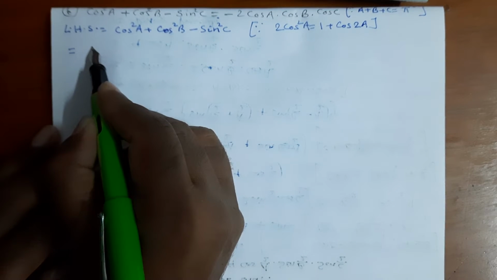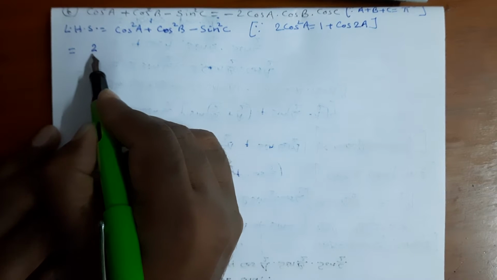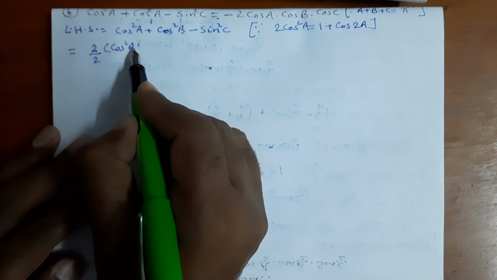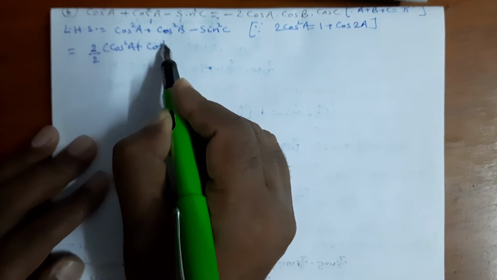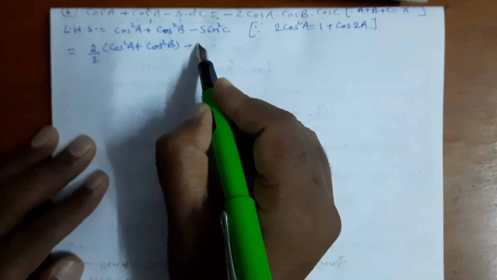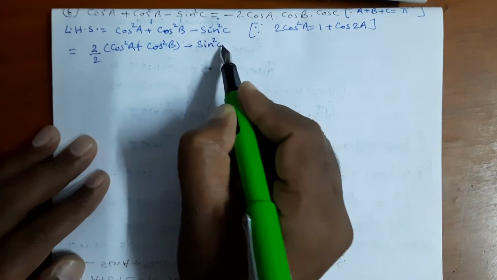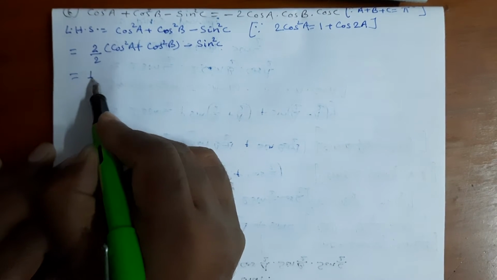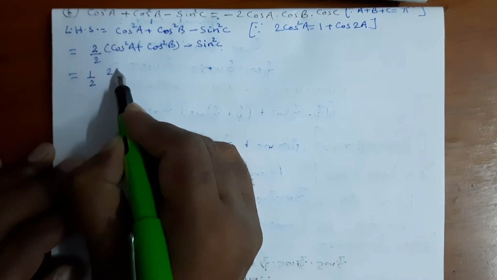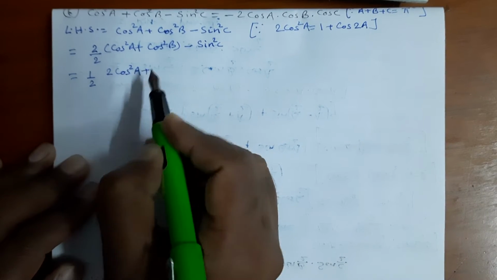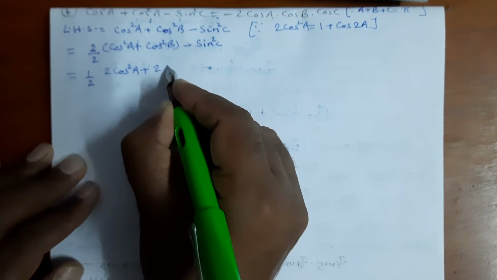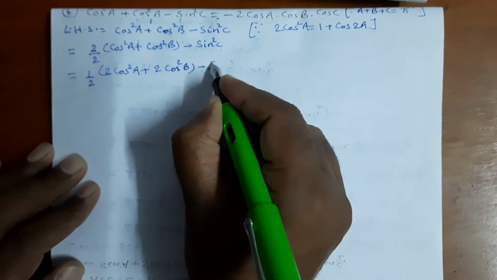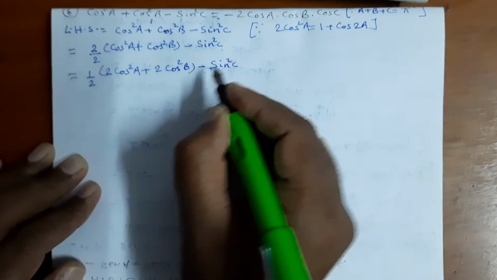So now we have 2 over 2, with cos square a plus cos square b, and minus sin square c left unchanged. Now we can write 1 over 2 times 2 cos square a plus 2 cos square b, minus sin square c.